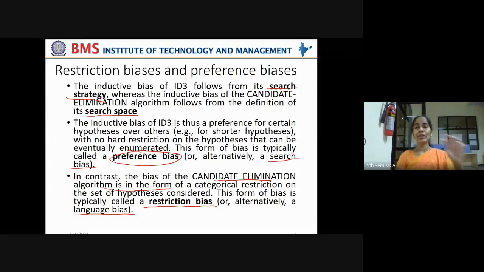You're putting a restriction on the hypothesis that if it is consistent with the training examples, keep it in the version space. If it is not consistent with the training examples, eliminate it from the version space. That is called restriction bias. So the inductive bias in candidate elimination algorithm is restriction bias, and the type of inductive bias in ID3 algorithm is preference bias. Clearly understood now?